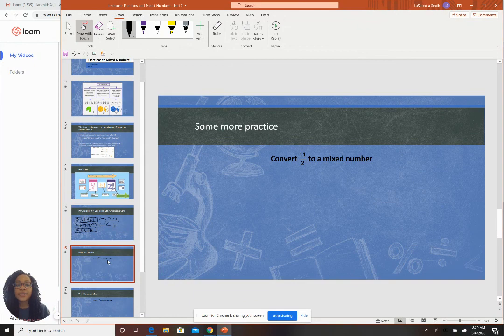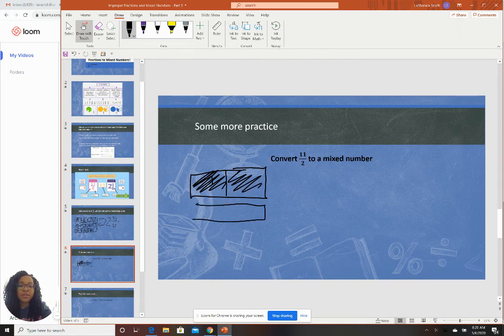All right, some more practice. We're going to convert 11 halves to a mixed number. So remember, we have our numerator. It is larger than our denominator, so it is for sure an improper fraction. We know our whole is 2. So I'm going to draw my first one, and that's 1 half, 2 halves.